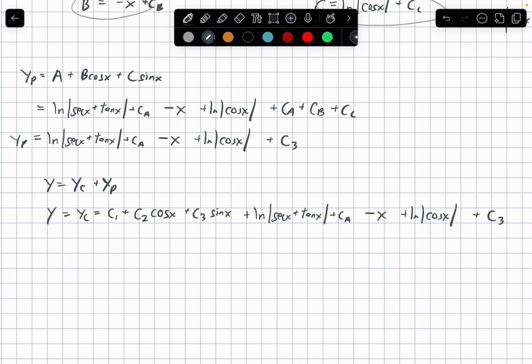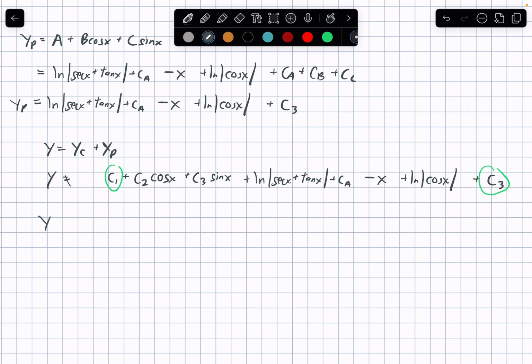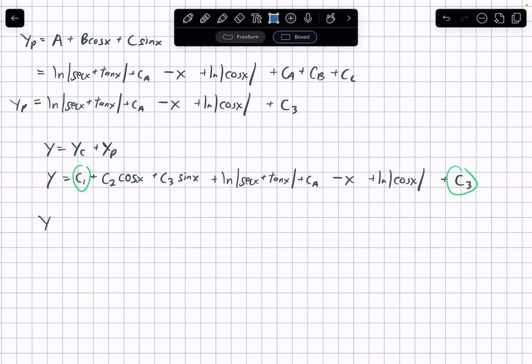Wait, we can simplify this further. What else are constants? C1 and C3 are constants, no? We can actually simplify that further.